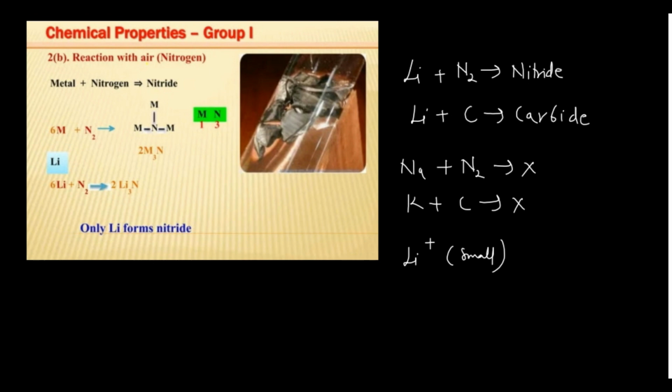So this is probably due to the fact that the small size of the nitride and carbide ions coupled with the small size of the lithium ions results in a very high lattice energy. That's why lithium reacts readily with the nitrogen and the carbon. Okay, and thus you know, the heat of formation of these compounds is much higher actually. Okay, and which results in the more stability.